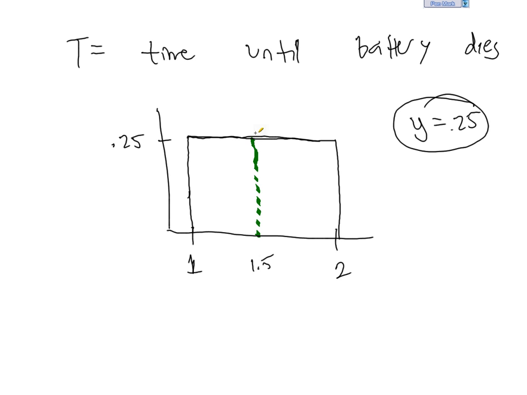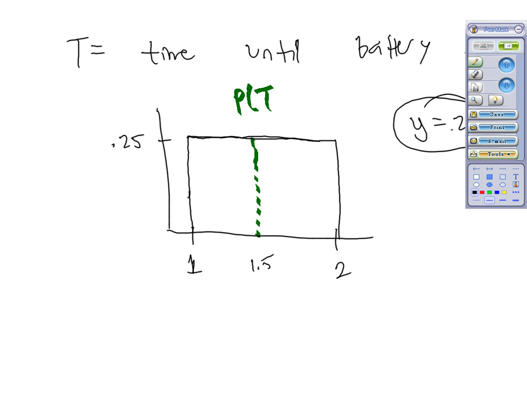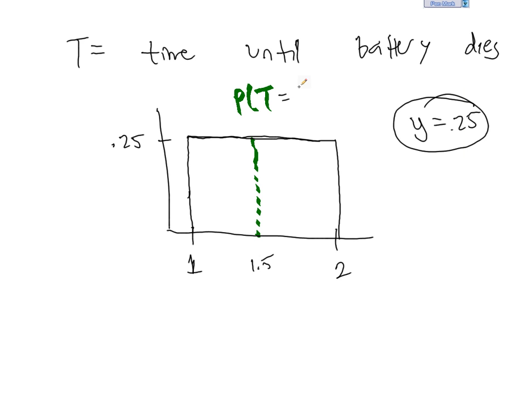Well, here's the problem. You might say the probability that t is equal to 1.5, in other words, that the time until battery dies is 1.5, that probability you might think is 0.25.